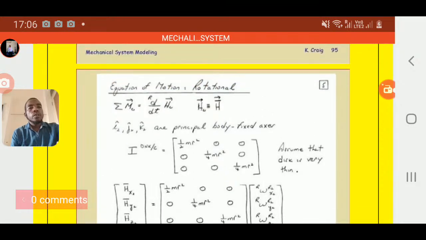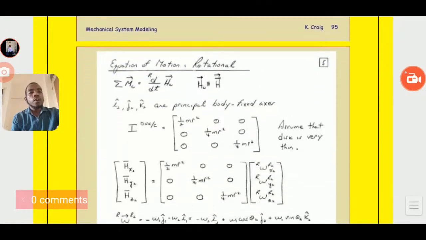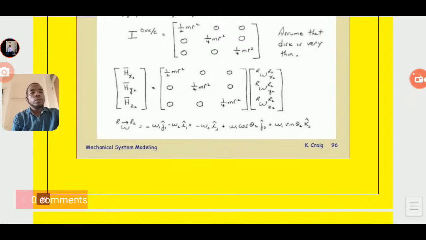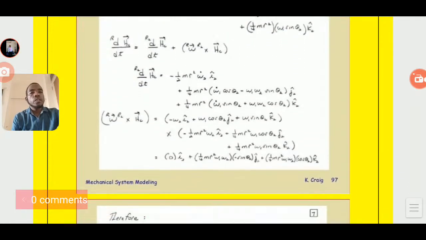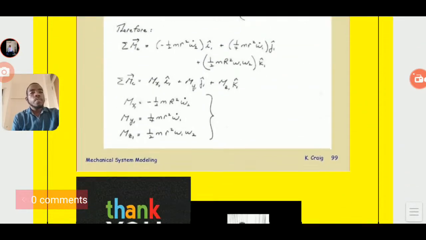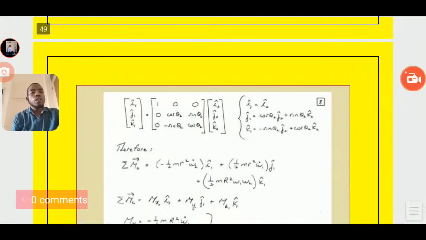From here up to there we have to use the dot product properties and the cross products of the vectors. You have to solve all of them like this. Then after that it will be clear for us.